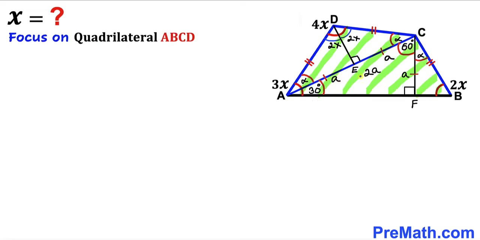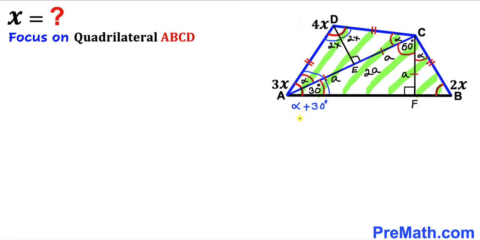Now let's focus on this big quadrilateral ABCD and make an observation. We can see that this whole angle is going to be alpha plus 30 degrees. So I can write this whole angle as alpha plus 30 degrees, and this very same angle is 3x as well.